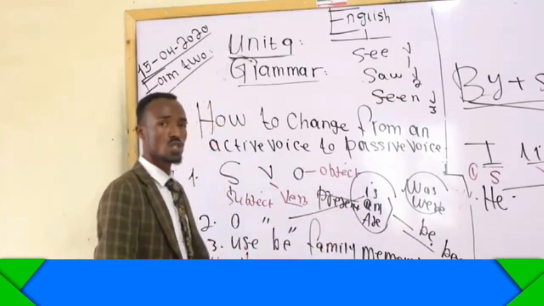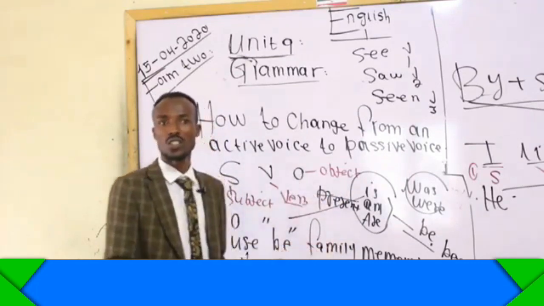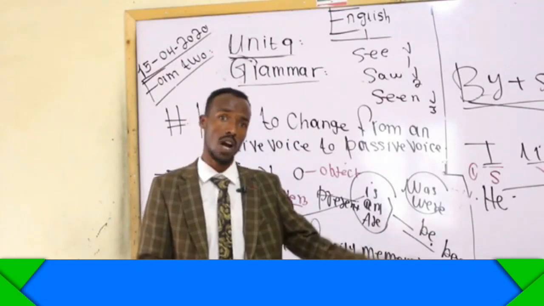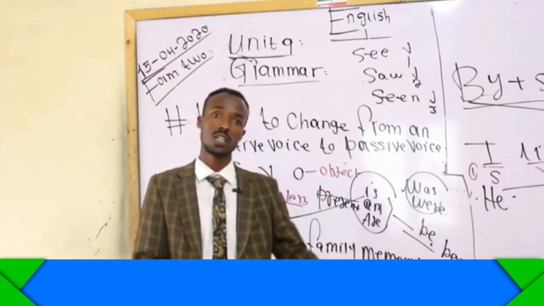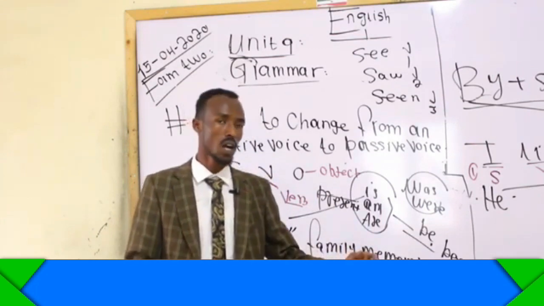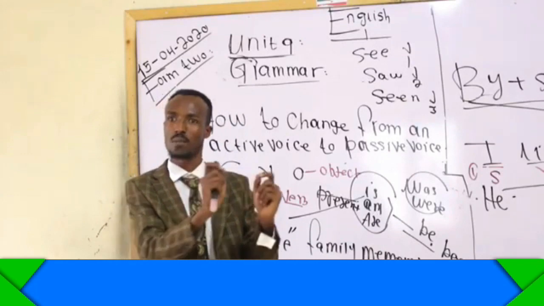Then you have to use be family members. If the tense is simple present or present continuous, use is, am or are according to the subject. If the subject is singular, use is. If the subject is plural, use are. If the subject is I, use am.